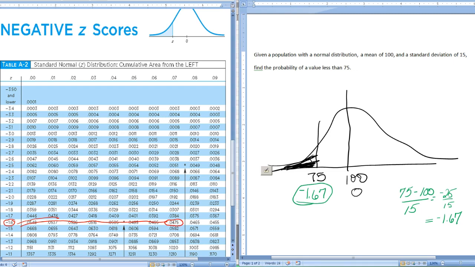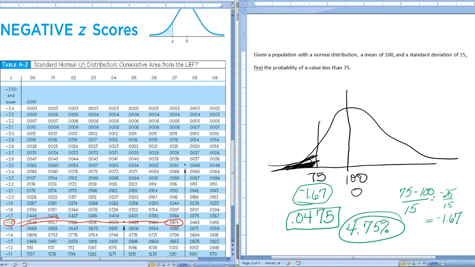So here I am, and it's going to tell me that it's 0.0475. I don't know why I turned off over here. Hold on. All right, so it's 0.0475. All right, so that's the probability, 4.75%. Or you can just leave it like that. Just depends on how it's being asked, what you're being asked for.